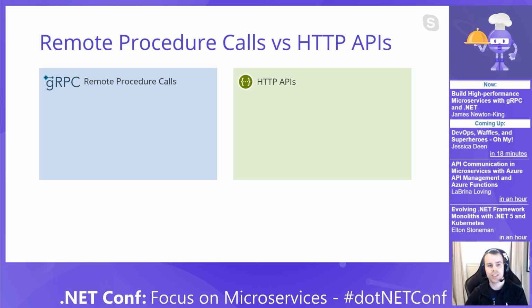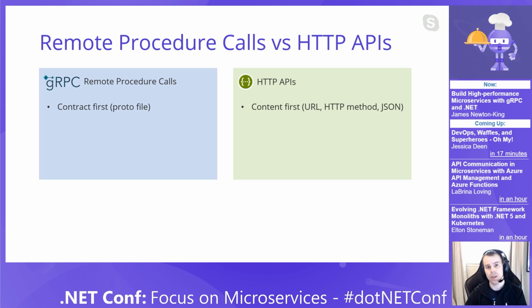So I think .NET developers, we're all familiar with building HTTP APIs, aka REST. So I want to talk about some of the underlying differences between remote procedure calls and HTTP APIs. So gRPC, it's an opinionated contract-first RPC framework. That proto file is really at the heart of a gRPC service.